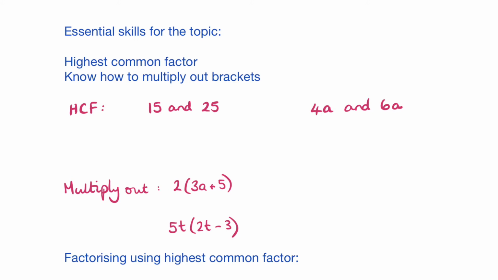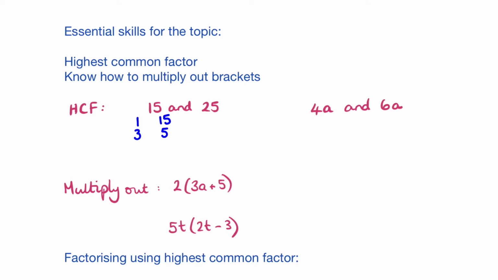So first of all, we've got highest common factor of 15 and 25. Remember, we need to know the factors of 15 and the factors of 25 to be able to do this. So the factors of 15 are the numbers that multiply together to make 15. If you start listing them systematically, we've got 1 and 15 and 3 and 5. Remember, we've done all this in our multiples and factors lessons.